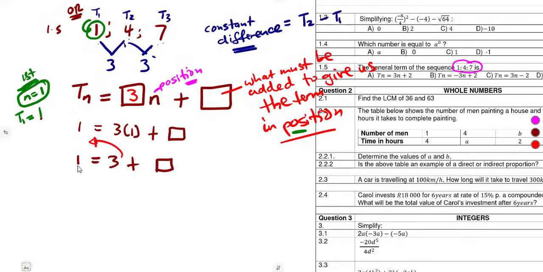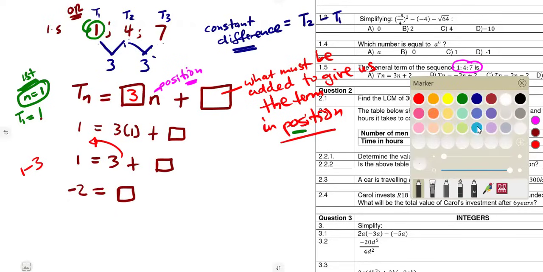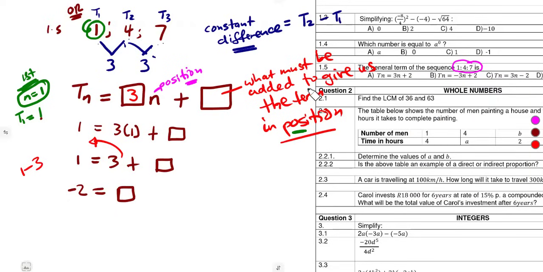It jumps the equal sign, it changes the sign. 1 minus 3, so it's now minus 2, equal to that part which we said we are supposed to add. So the number that we did not know all along is minus 2. So there is a minus 2 there.